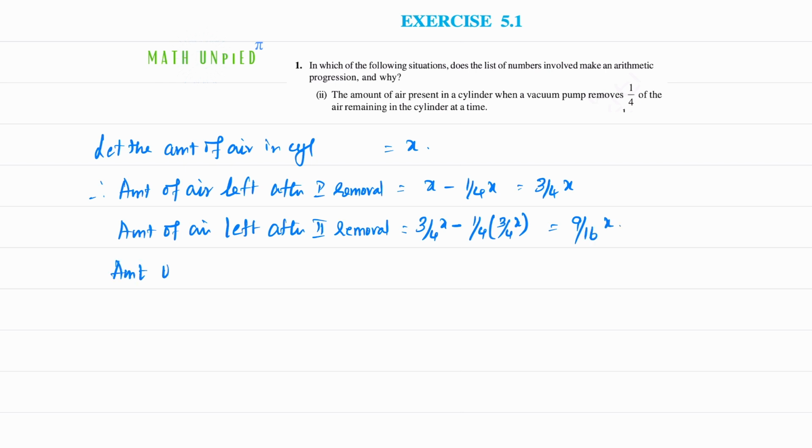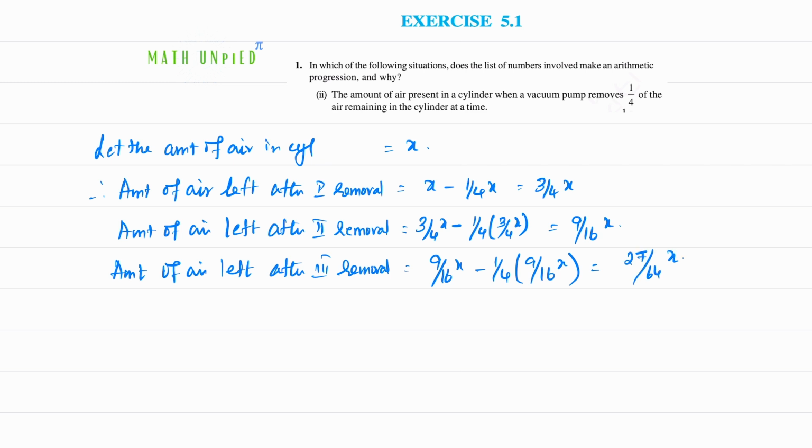Now moving on, amount of air left after third removal equals 9 by 16 of x minus 1/4 of 9 by 16. So what is this? 27 over 64 of x. Now we'll form the sequence. This will be x, 3/4 of x, 9 by 16 of x, 27 by 64 of x.